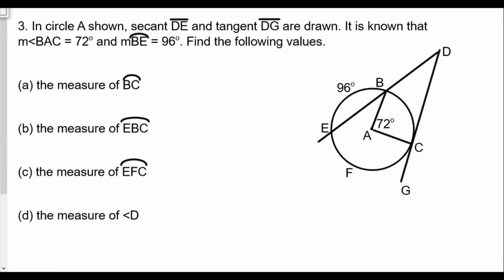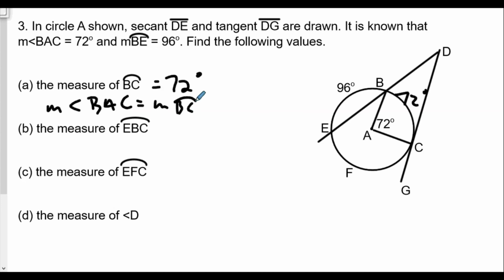Here it says in circle A shown, secant DE and tangent DG are drawn. It is known that the measure of angle BAC is equal to 72 degrees, which would mean in this case the measure of arc BC is also equal to 72 degrees. Because the measure of a central angle is equal to the measure of the arc intercepted.